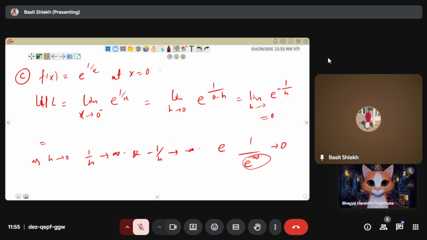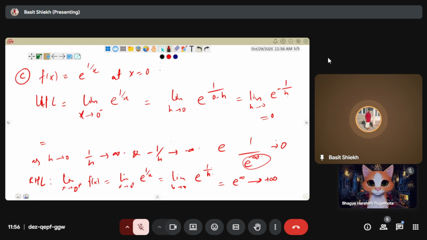Now RHL, limit x going to 0 plus f of x equals limit x going to 0 plus e to the power 1 by x, equals limit h going to 0 of e to the power 1 divided by h. 1 divided by h is 1 by 0, which is infinity, so e to the power infinity will go to plus infinity.